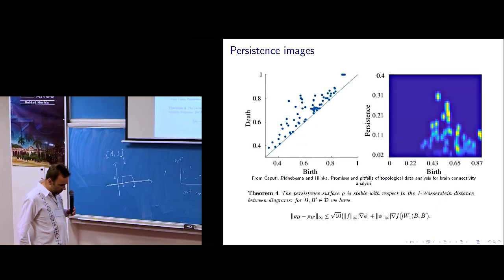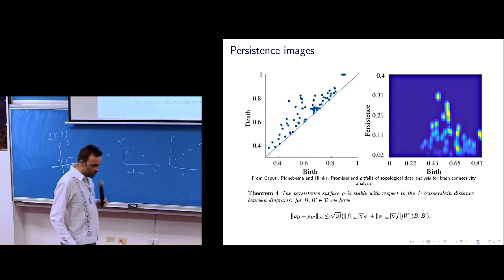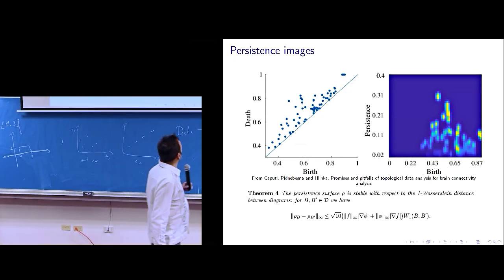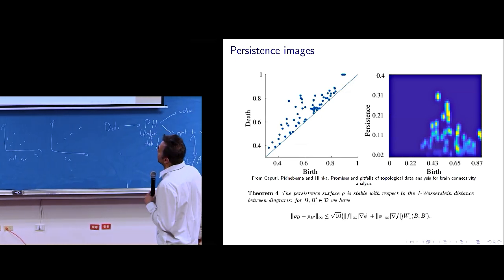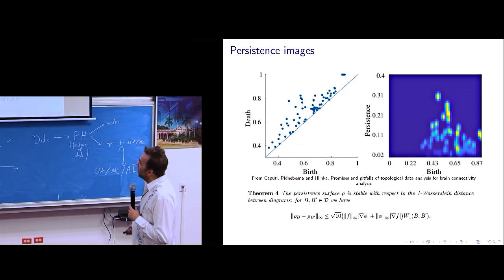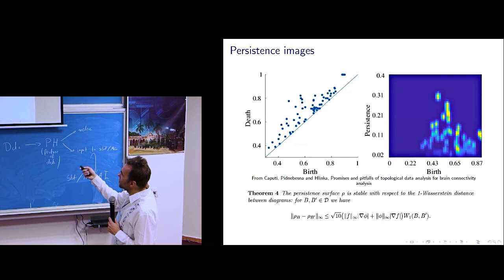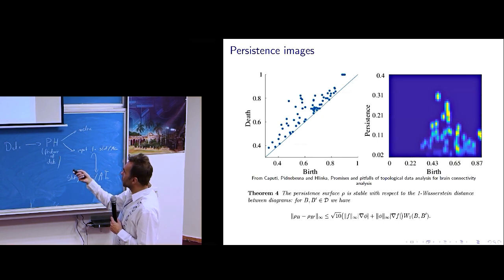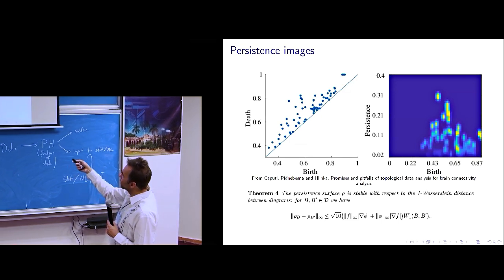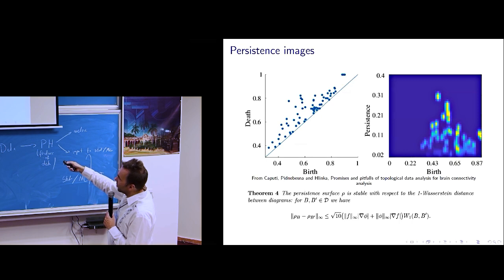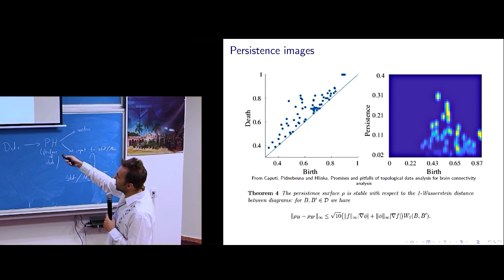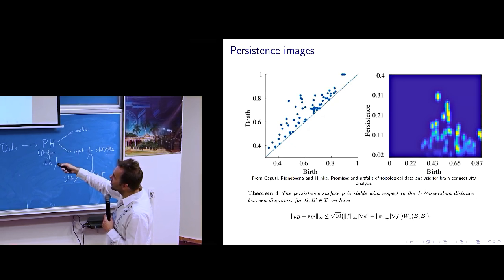So a group of people from Fort Collins, Colorado, Henry Adams and co-authors, had another idea. Roughly, when you have a persistence diagram, you can rotate it, but that's a technical step. Then when you have a point, you can substitute the point with a small Gaussian kernel. So you put a small Gaussian kernel centered on every one of those points.